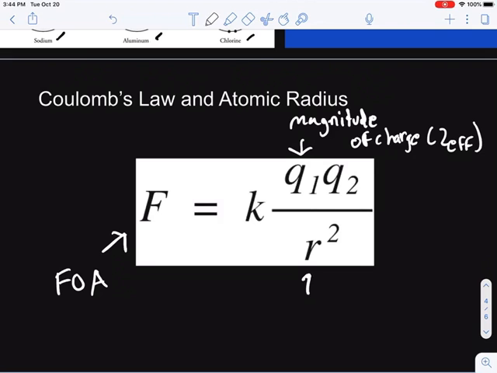And R is the distance, which for us increases with the number of energy levels in an atom.